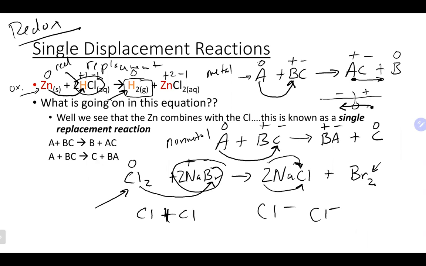Other questions? So one last thing on this that's really important is the only way that this reaction actually takes place is if whatever is coming in needs to be more reactive than what it's replacing. So for example here, whatever is coming in needs to be more reactive than what it is replacing.